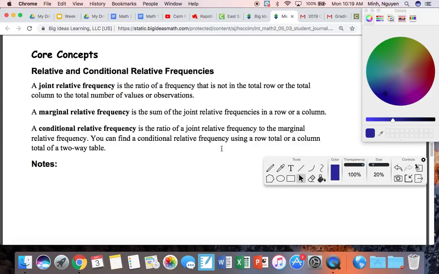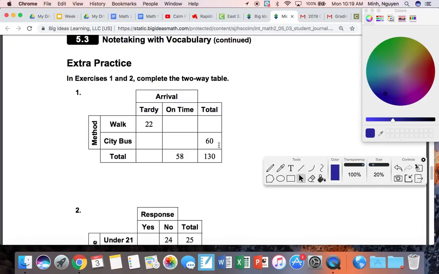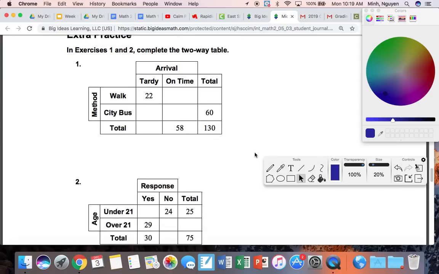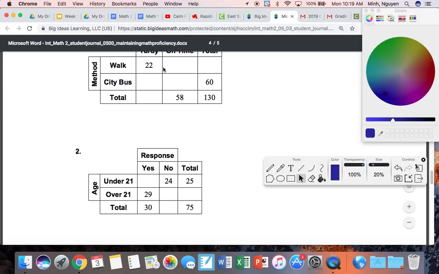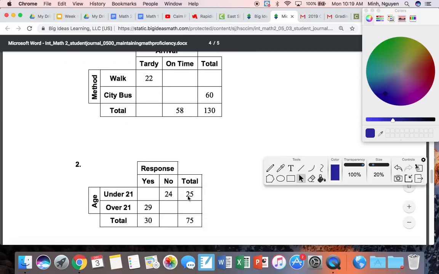A conditional relative frequency is when you compare anything in the table to one of the totals, whether that's in the row or the column. You're basically just using addition and subtraction on almost all of these to think about how can I construct this, what is a valid way to do this?